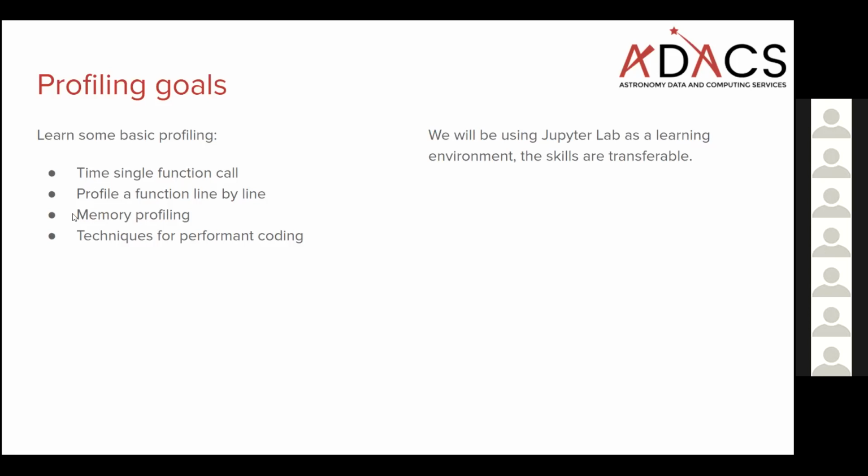Hopefully we can do some memory profiling as well so that we can see how each of our lines of code is adding to or removing from the global RAM usage. And we're also going to see some techniques for performant coding, by which I mean taking all of this profiling timing and actually starting to do some optimization work.